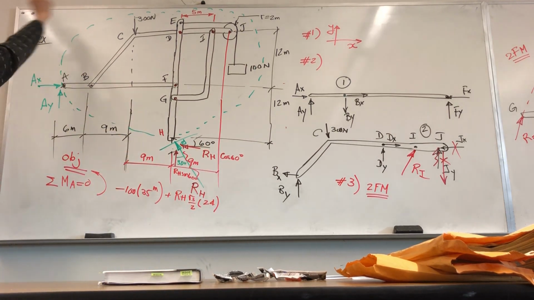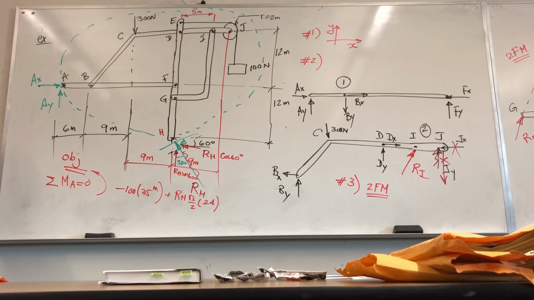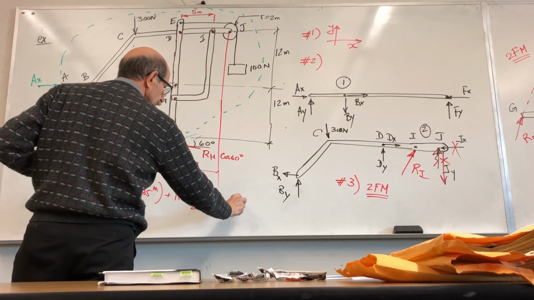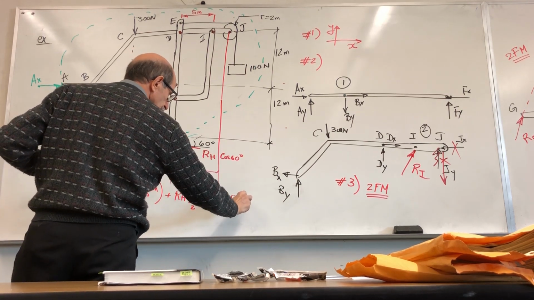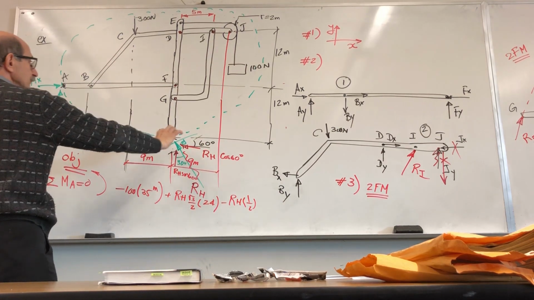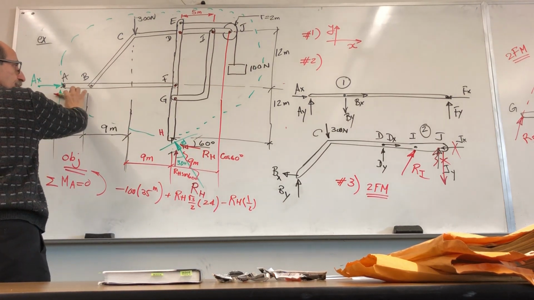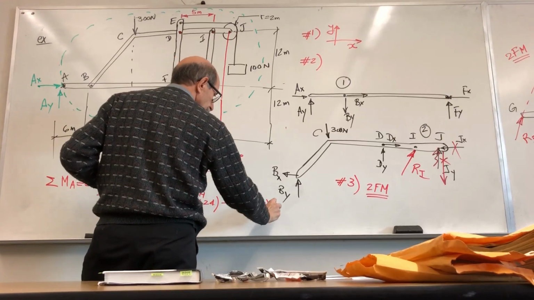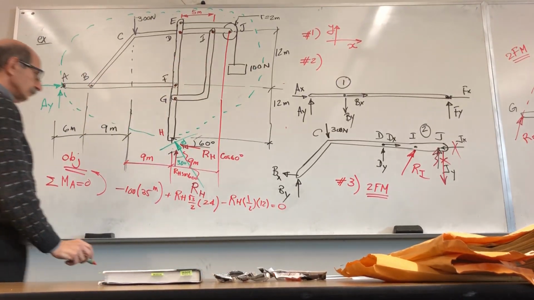This guy is, again, clockwise, and it is negative then. So you have negative RH cosine 60, which is 1/2, times this distance. This distance is 12, okay? So times 12 is equal to 0, okay?